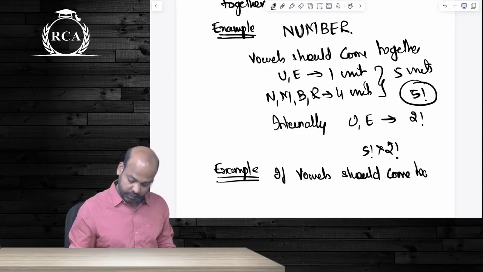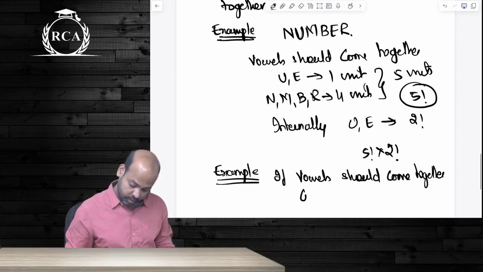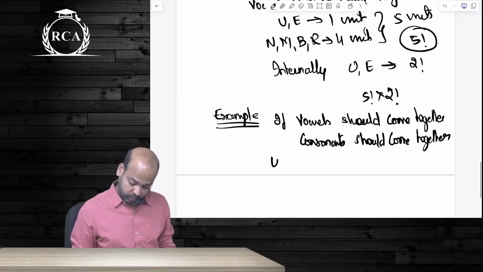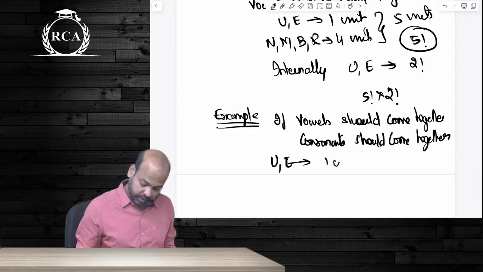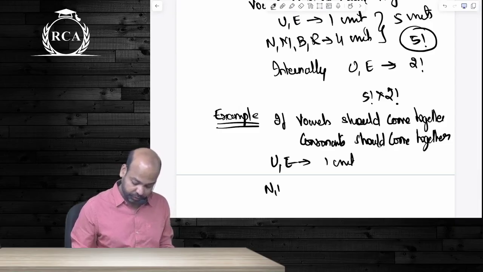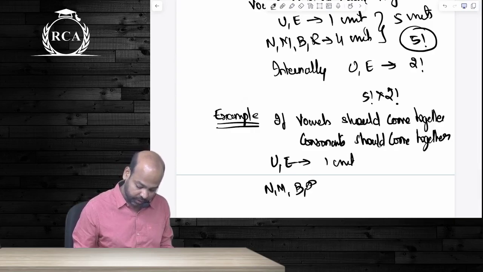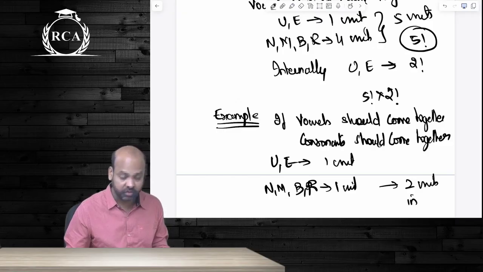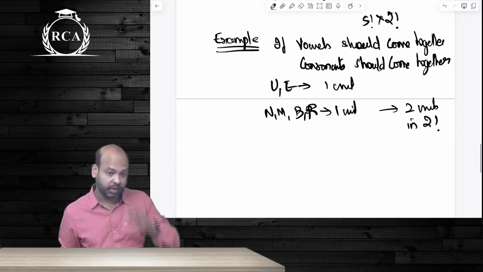The vowels should come together and consonants should come together. Those two vowels will be considered as one unit. Those 4 consonants would be considered as one unit. Collectively there will be 2 units which can be arranged in 2 factorial ways.